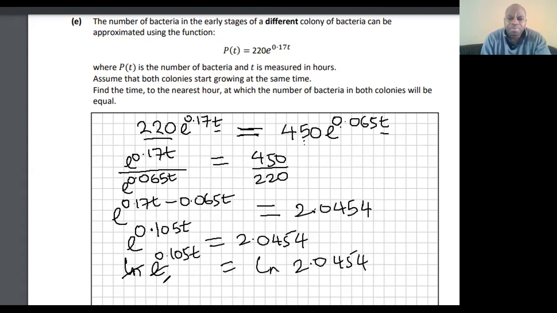We now have 0.105t equals to ln of 2.0454. That's 0.7155.